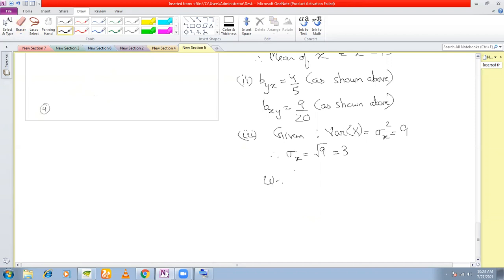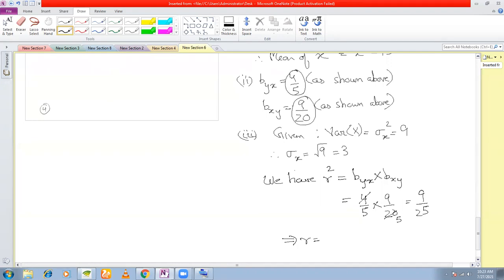So from property 1, what was the value of the correlation coefficient? R square is equal to byx into bxy. Byx here is 4 by 5 and bxy here is 9 by 20. So cancel this, you get 9 by 25. So therefore, what is R? Which sign should we take? If you see, both of these regression coefficients are positive.